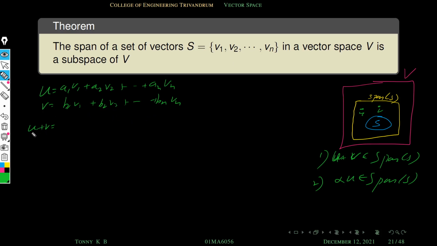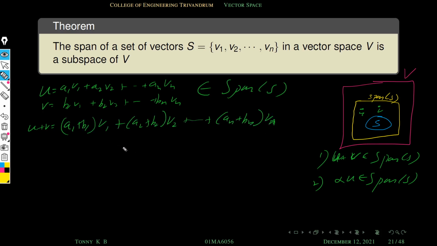Then next we have to check whether u plus v belongs to span of S or not. These two vectors belong to span of S. What about u plus v? Yes, by definition of vector addition, u plus v is (a1 plus b1) times v1 plus (a2 plus b2) times v2 etc. plus (an plus bn) times vn. Does this belong to span of S or not?